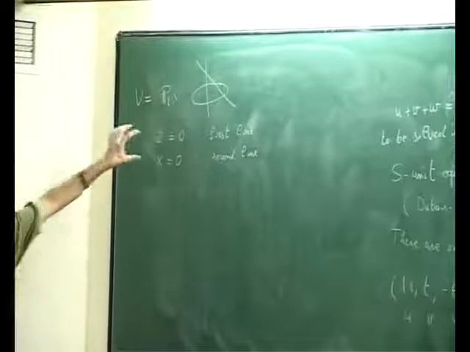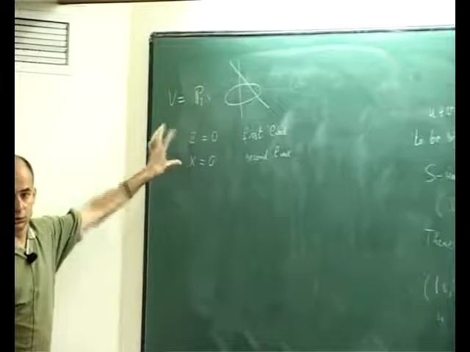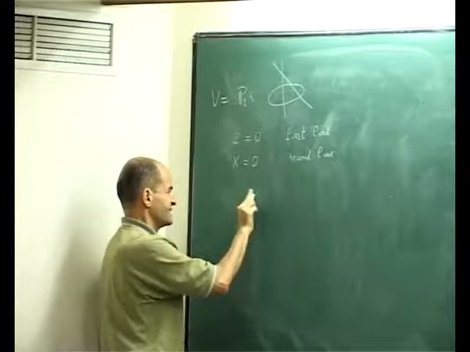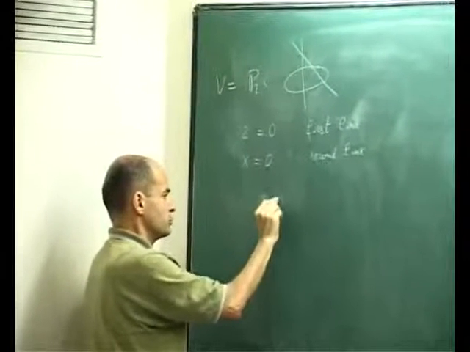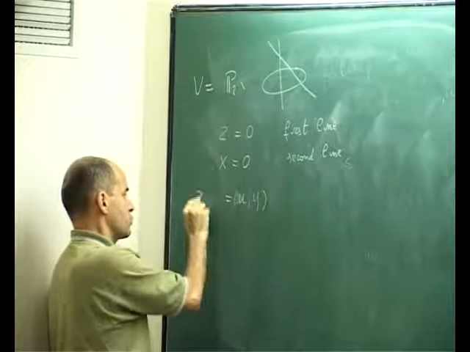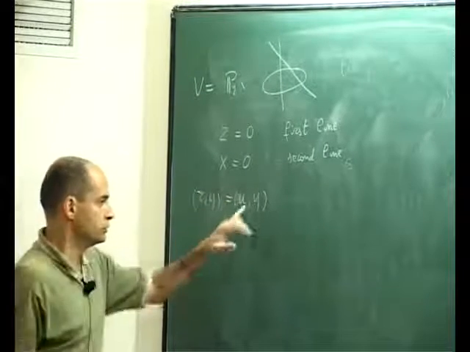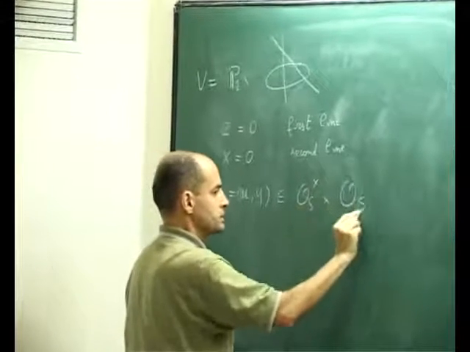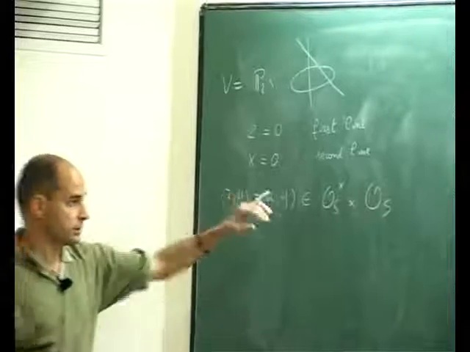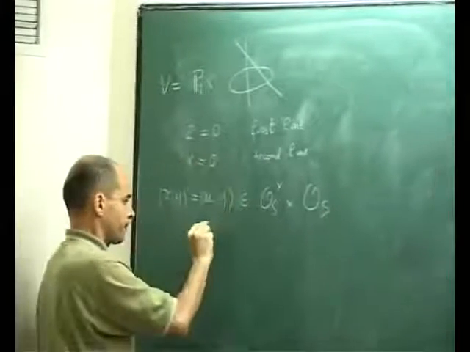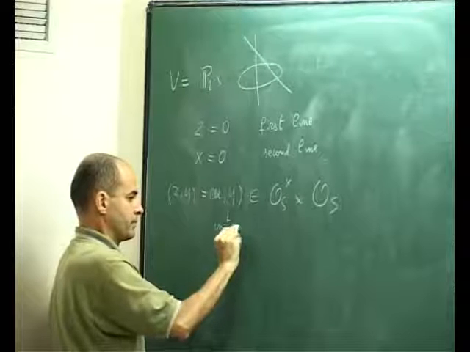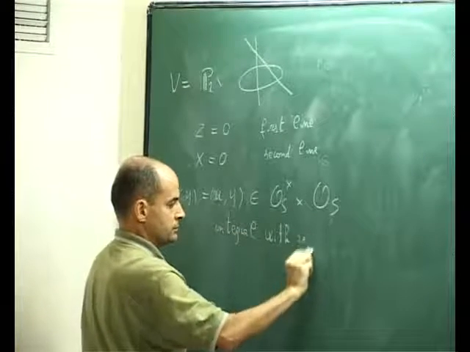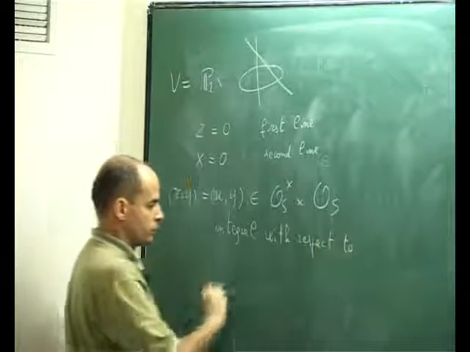So the integral points with respect to these 2 lines are pairs u, y, so it's x, y, but x should be called u because it's a unit, and y is any integer. These are integral with respect to the 2 lines.